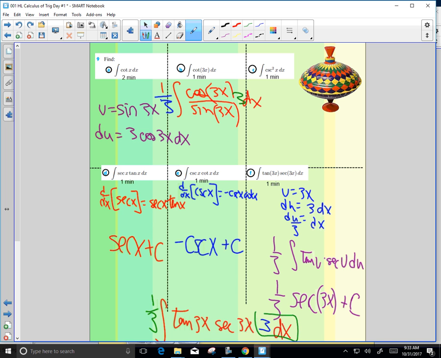So rewriting this, it's 1/3. This whole thing here is just what? That whole thing on the top is du. So this is du over u, which is 1/3 the natural log of what? Sine 3x plus c.